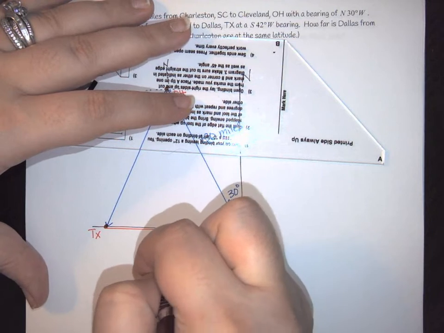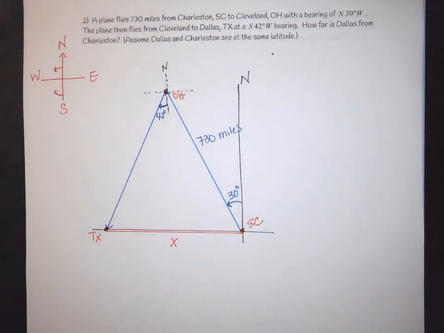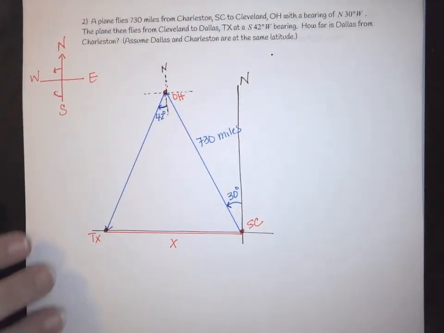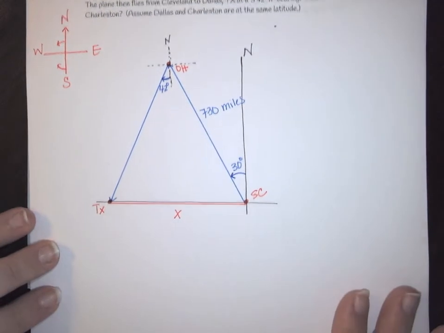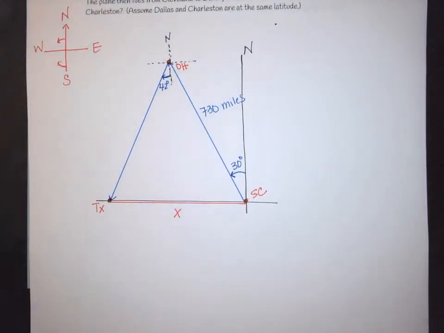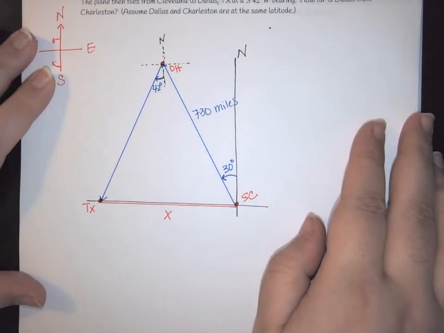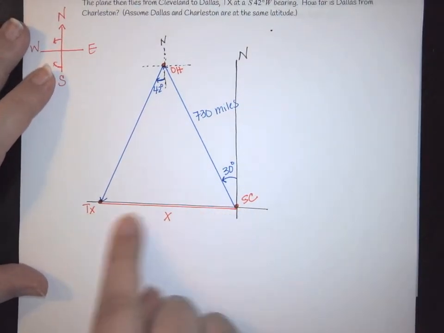This is the unknown piece between my Texas and my South Carolina. So this red line right here is what we're looking for. We need to start trying to fill in some of the other information, because at the moment we do not have enough to be able to do anything.